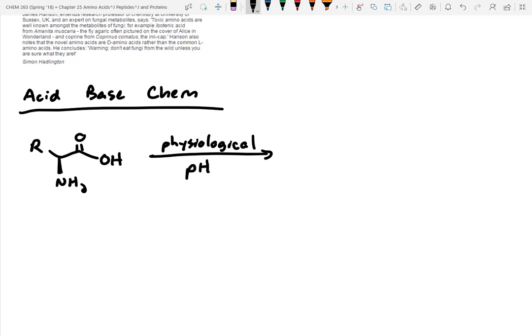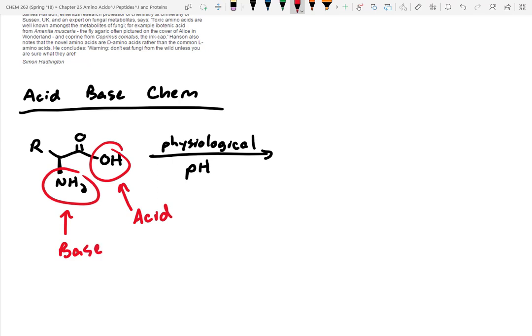You think about this in your body, do you think it's going to stay as a carboxylic acid? Oh, we've got an issue here. This is an acid down here. This is a base. So in your body, essentially you'll have this shuttling of protons that move around. Before you know it, you're going to deprotonate your carboxylic acid. That's your carboxylate salt. And your amine will get protonated to form an ammonium ion, right?